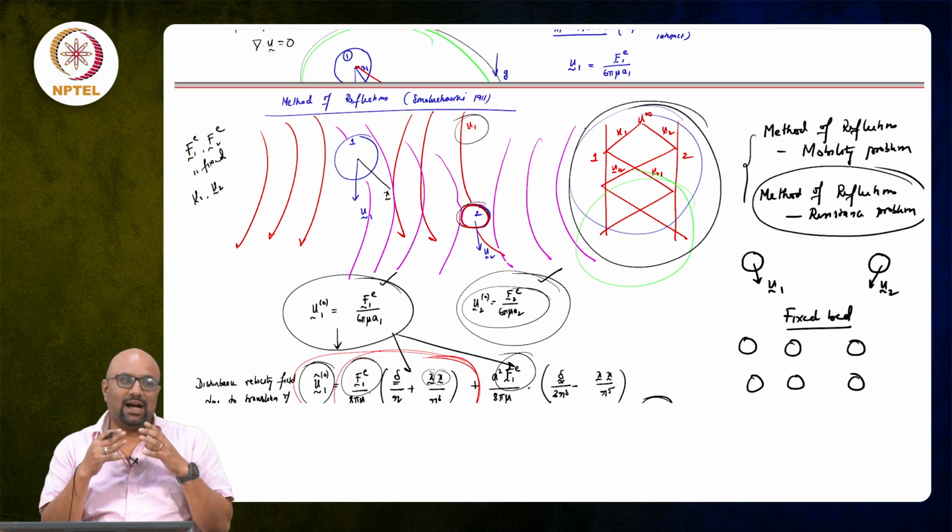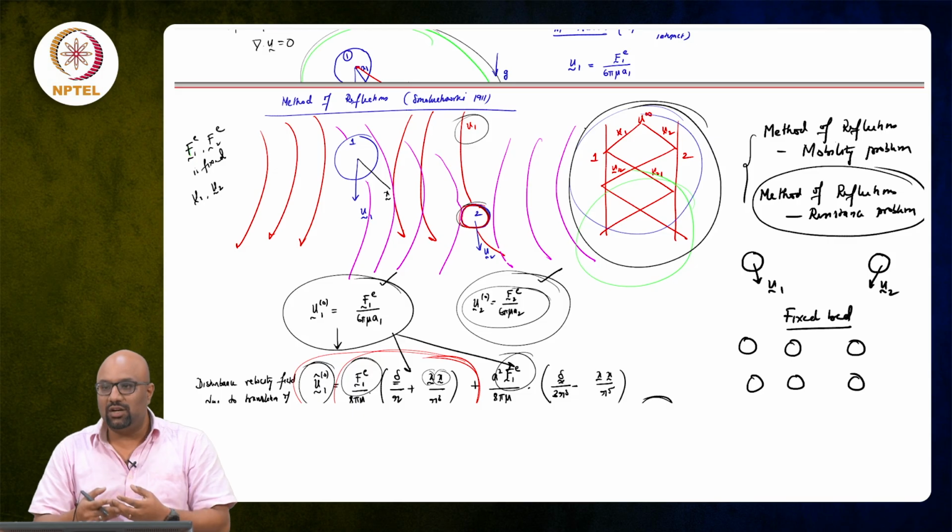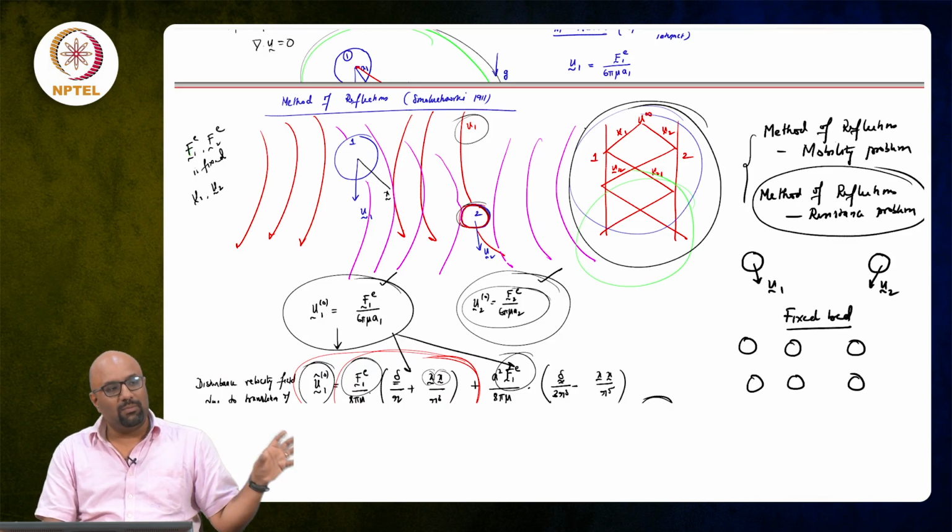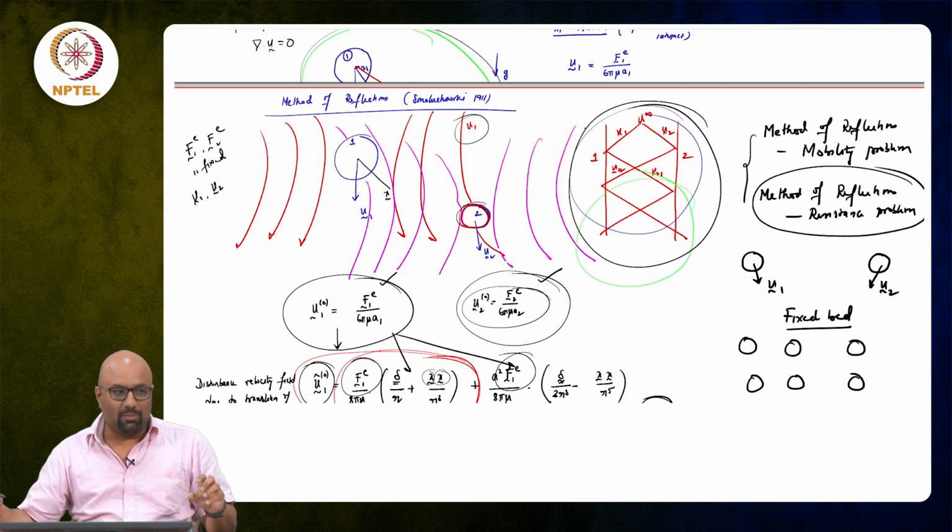So, you are basically asking what would be the disturbance created by sphere 2 by being present in the velocity field of sphere 1. If it is a resistance problem, it will create one kind of velocity field, while if it is a mobility problem, sphere 2 will create another kind of velocity field. So, it is at that level you will start to think about which one should be stronger, and the claim I am making is that interactions are going to be stronger in a resistance problem than a mobility problem.